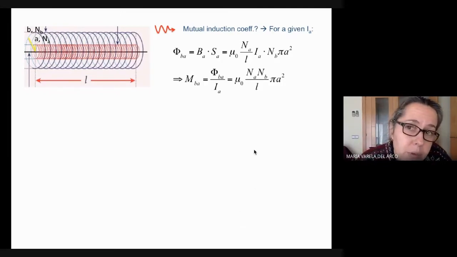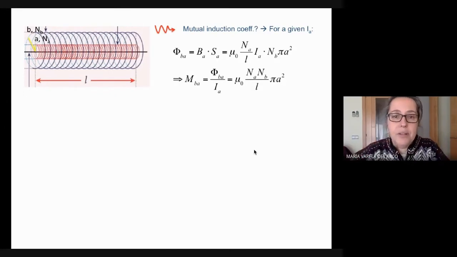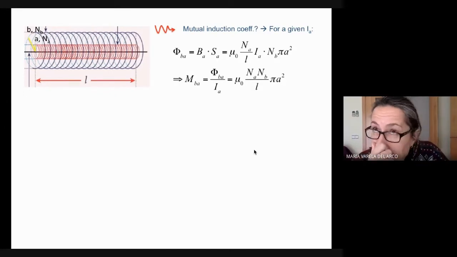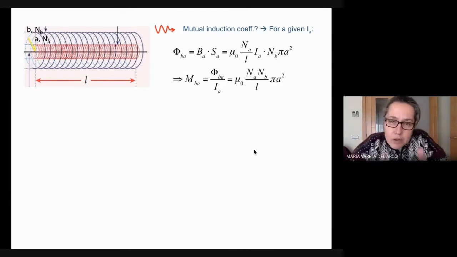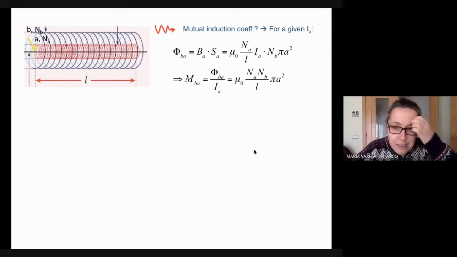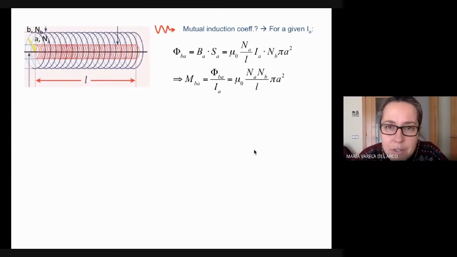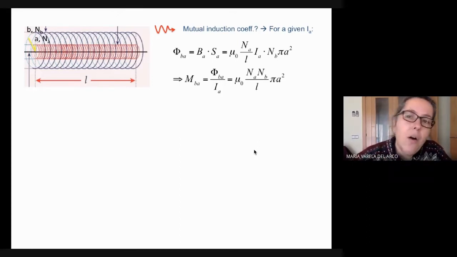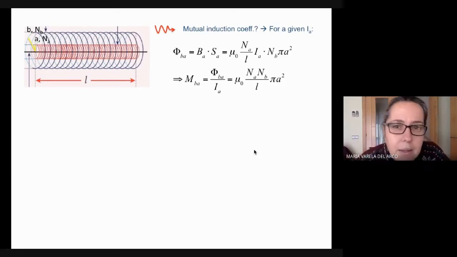And so just for the purpose of completeness and understanding the system, we will calculate what we would call MBA, in other words, the induction on B because of A, and then we will also calculate MAB, so the induction on A because of B. And you have to see that they are the same. Remember, we discussed yesterday that mutual induction coefficients must be symmetric under the exchange of the point of view A, B, B, A. Same thing. It's just one system.